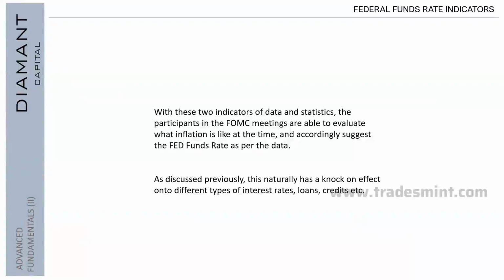As you can tell, it's very influential because it affects the overnight lending and borrowing interest rate between the banks. Of course, that has a knock-on effect on the consumers of the banks. And of course, that's pretty much the entire population in the US, in the UK, everywhere around the world. And then, of course, these indicators are the main two that they look at.